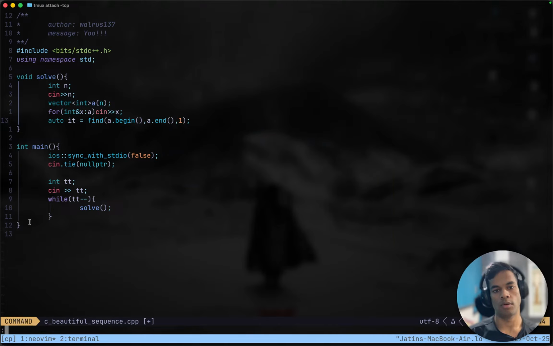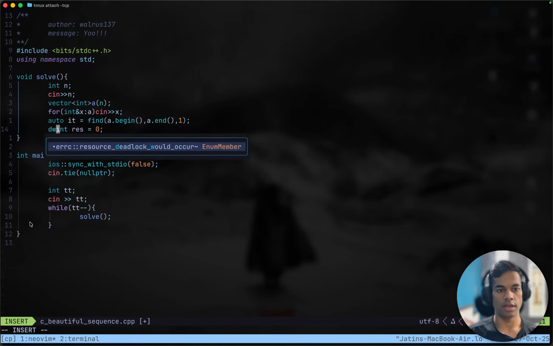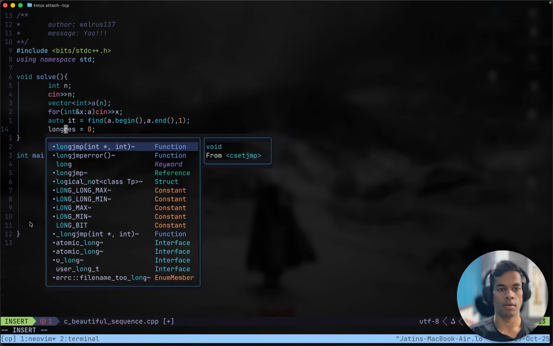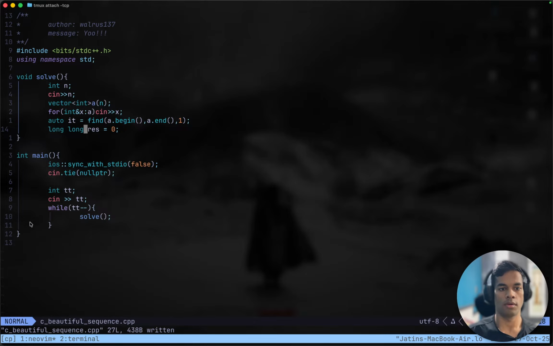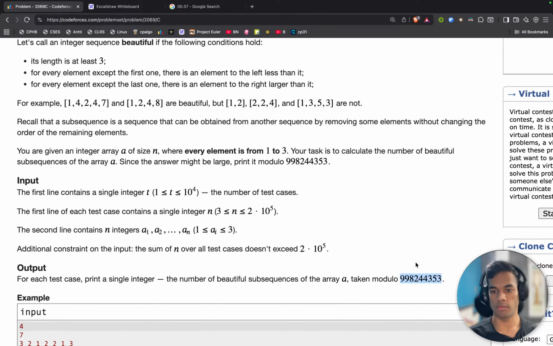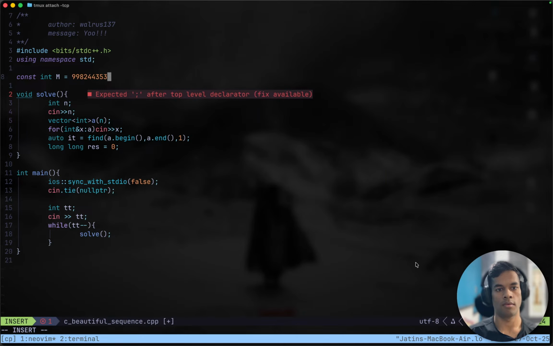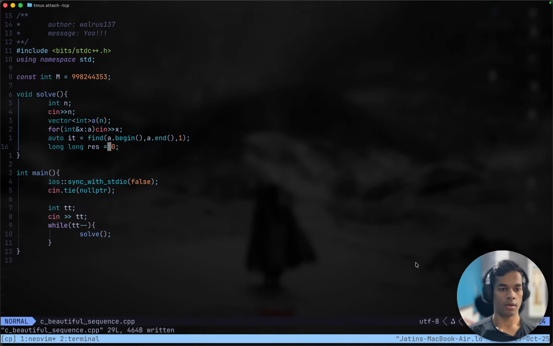And let's say long long result equals this, and we will have to return the answer modulo this number. Right, yes, makes sense. Long result equals 0.